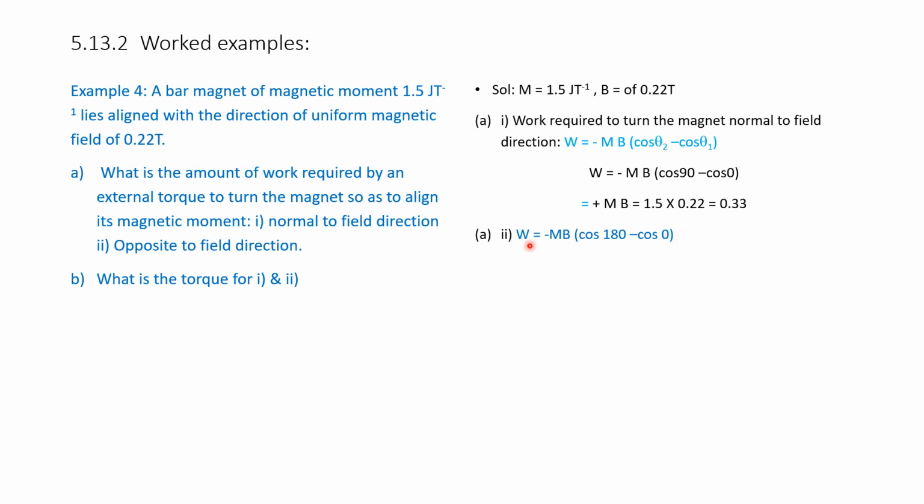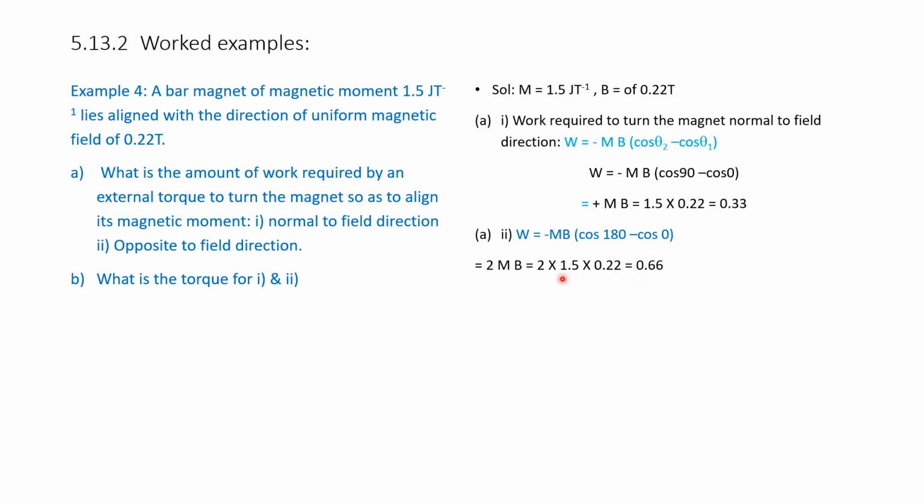Part A, question A, part 2. The question says opposite to the field direction. Initially the angle was 0. Now it is opposite, meaning it has turned a total of 180 degrees. Therefore θ2 here will be 180 degrees. So W = -mB (cos 180 - cos 0).